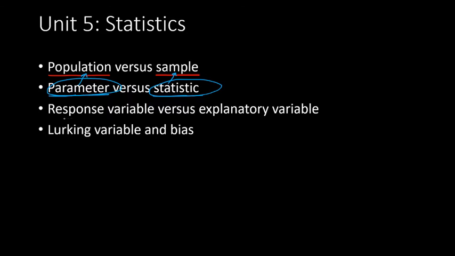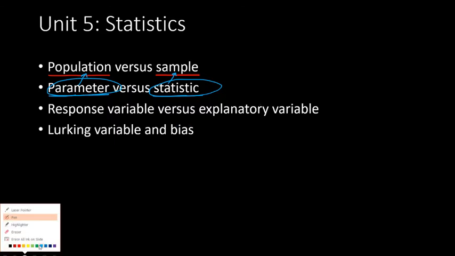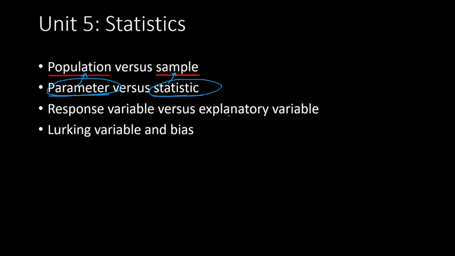Okay, response variable versus explanatory. It's kind of like dependent versus independent variable. That's a good way to think about it. An explanatory variable explains why a response variable is happening. For example, I noticed that 5 of my students have tutors and those 5 students have really high grades. So the explanatory variable is that they have a tutor and the response is their grades.